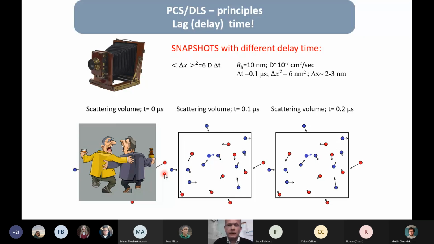Coming back to the proteins in solution, let's start with a very short period of time between snapshots, and that could be 0.1 microsecond. The question now is, will there be any changes with this short period of time between snapshots? It's hardly, right?